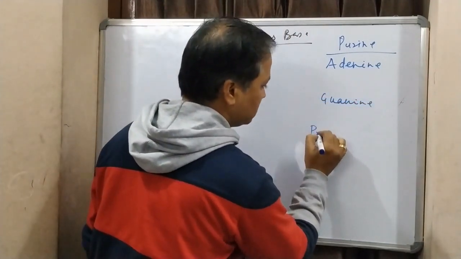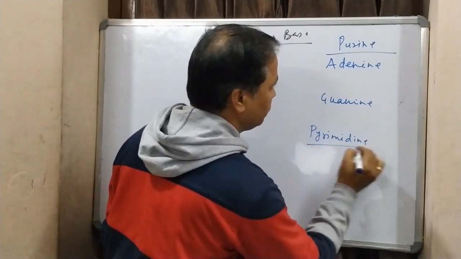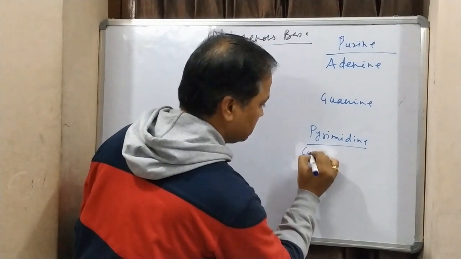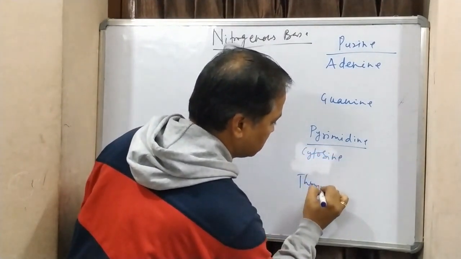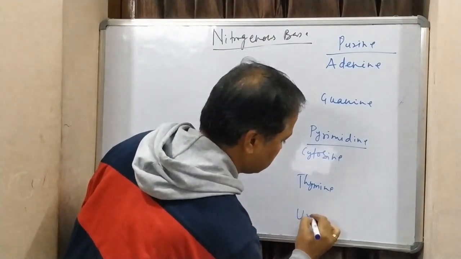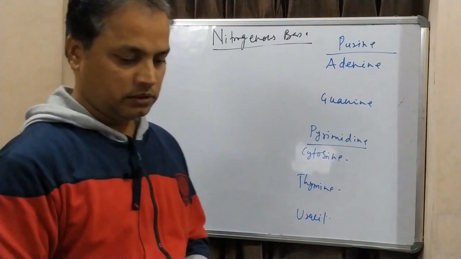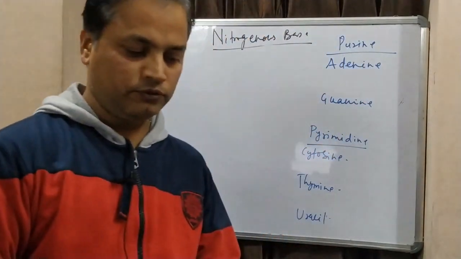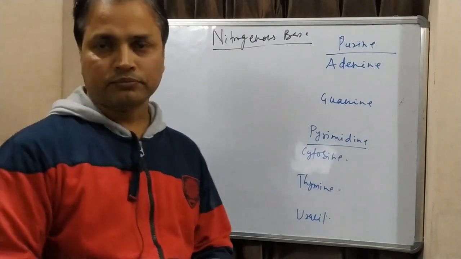If we talk about pyrimidines, we have cytosine, thymine, and uracil. These are the 3 pyrimidines. We will see the structure of these 5 nitrogenous bases one by one.